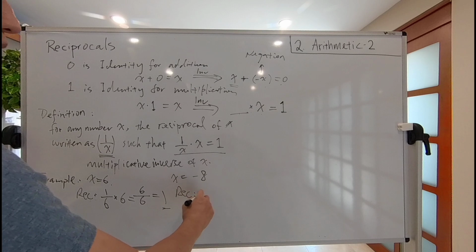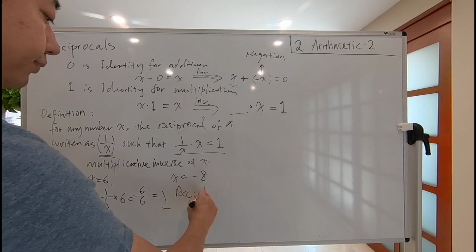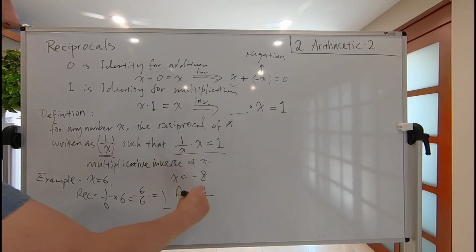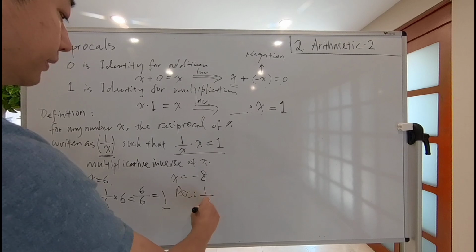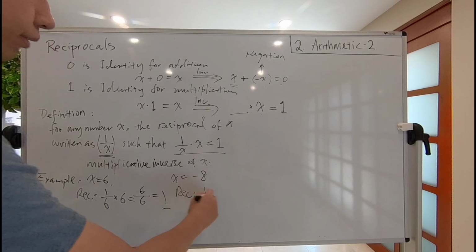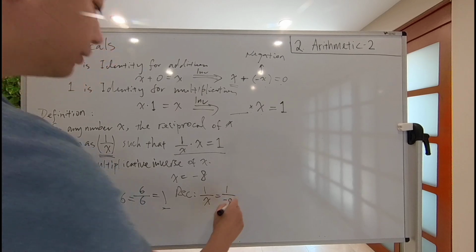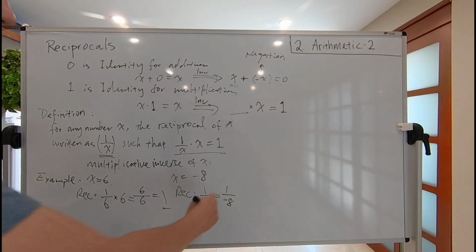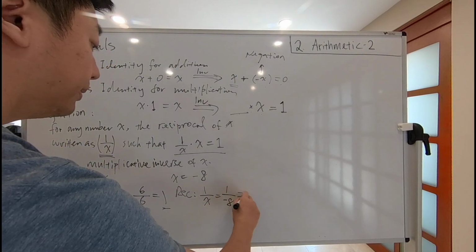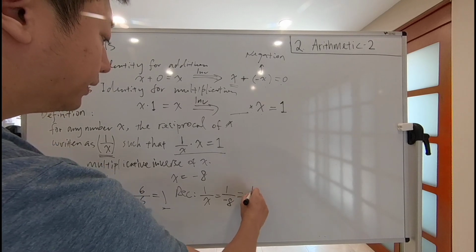So the reciprocal will also be a negative number. If you follow the notation, you will see this as well: 1 over x, and x is now -8, so it's 1 over -8. You can write it this way, or in a slightly simplified way, -1 over 8.